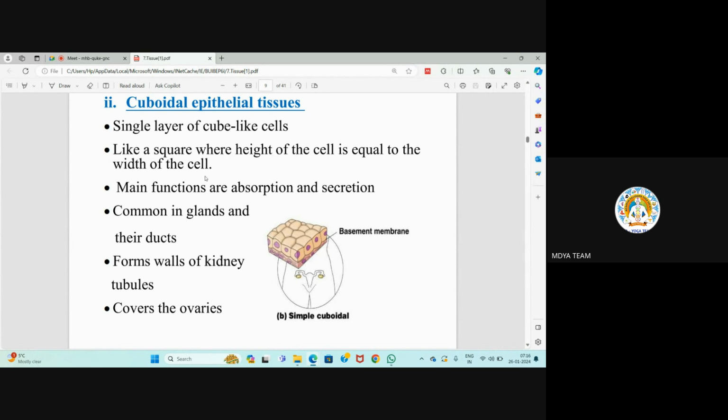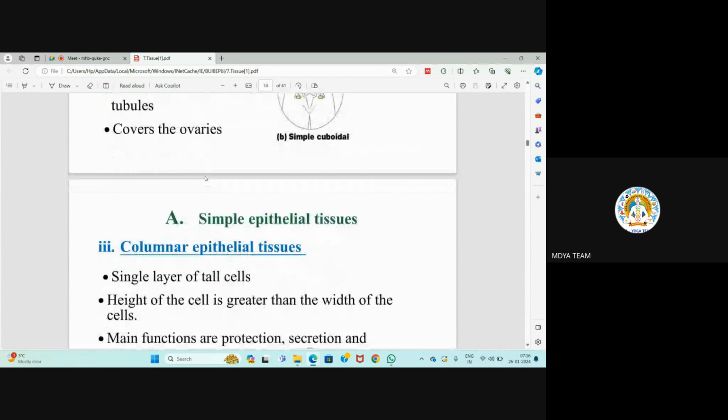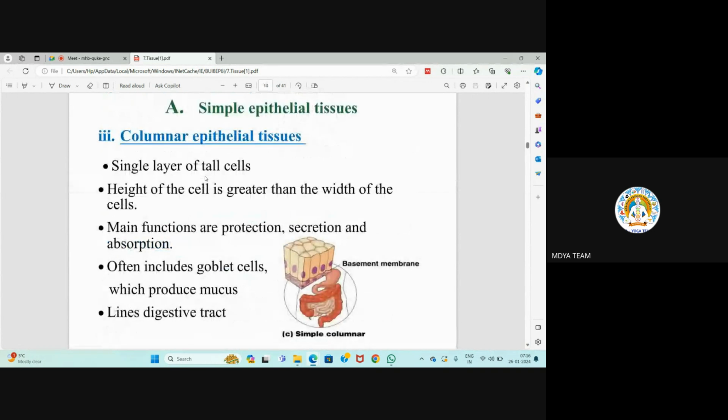She tried very well. So we will further move to our next topic, that is columnar epithelial tissue. It is a part of simple epithelium tissue. So obviously, it will have a single layer just above the basement membrane.